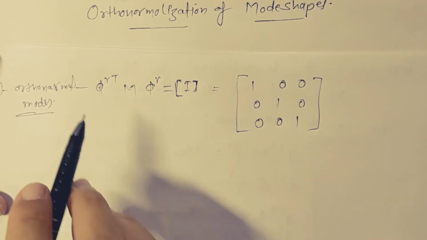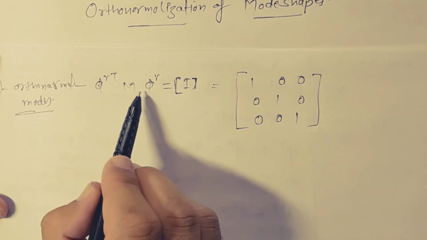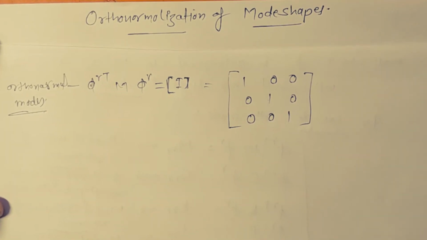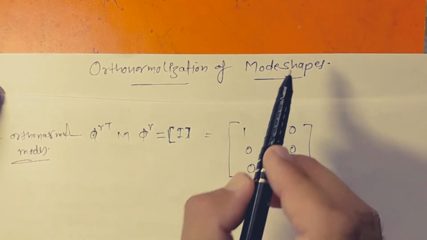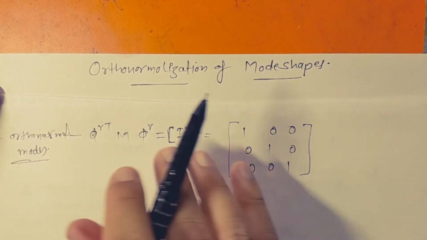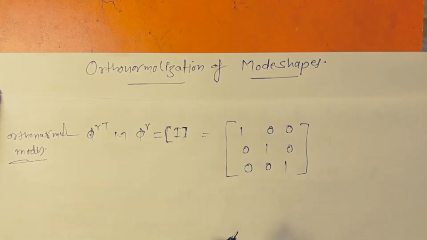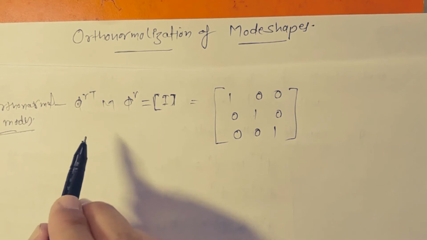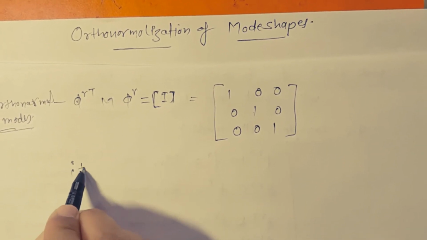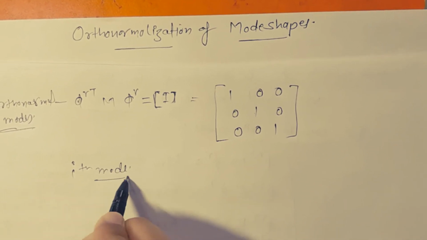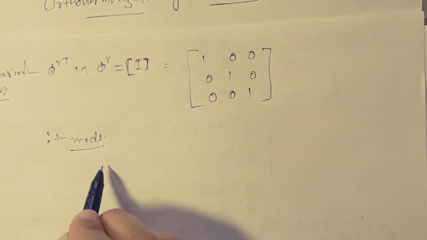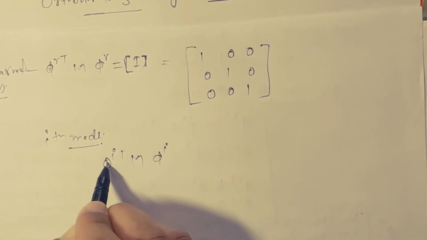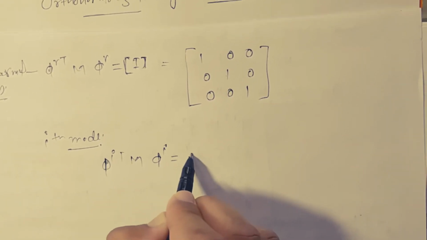But it's not compulsory that all the time these mode shapes are mass orthonormal. So in that case, we have to orthonormalize the mode shapes. So now we will discuss how to orthonormalize the mode shapes. So the condition, if we are talking about a particular mode, or the ith mode, is that phi i transpose M phi i must be equal to 1.